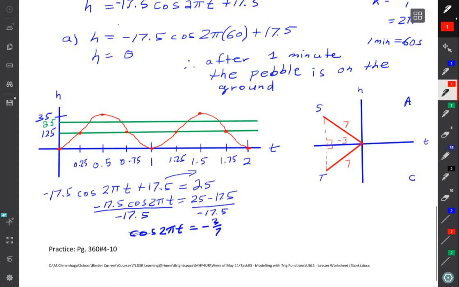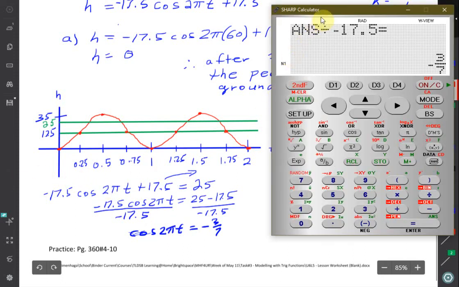Now what we're doing is the inverse cos of -3/7 in order to get 2 pi t, because remember, we're finding this whole angle right now. Second function, or inverse cos, -3/7.